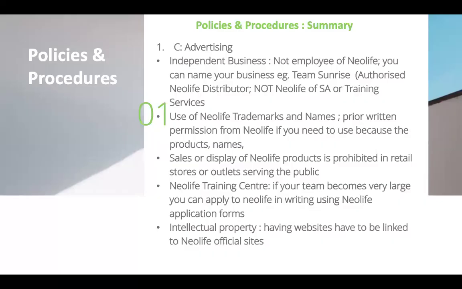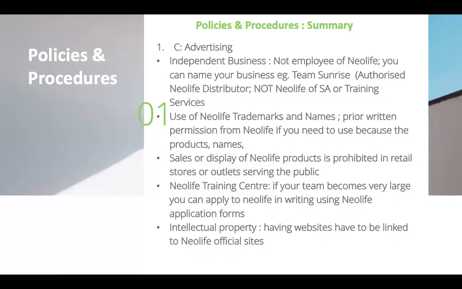Okay? The next thing, let's say you grow your team and you have such a huge team. You cannot just open a training center and call it Neolife Training Services Center. You need to write to the company and apply in writing. There are some forms that you can get from the company if you have built a training center and want to call it Neolife Training Center.